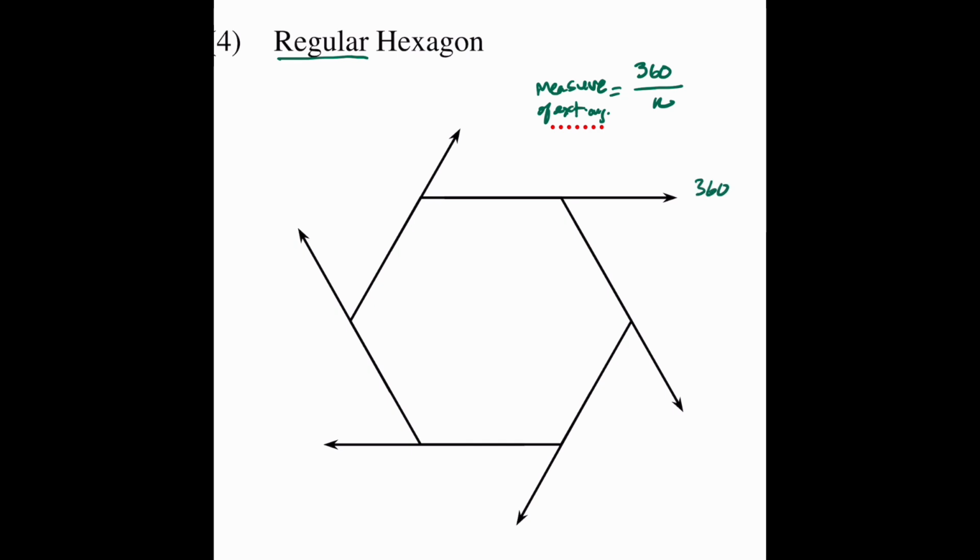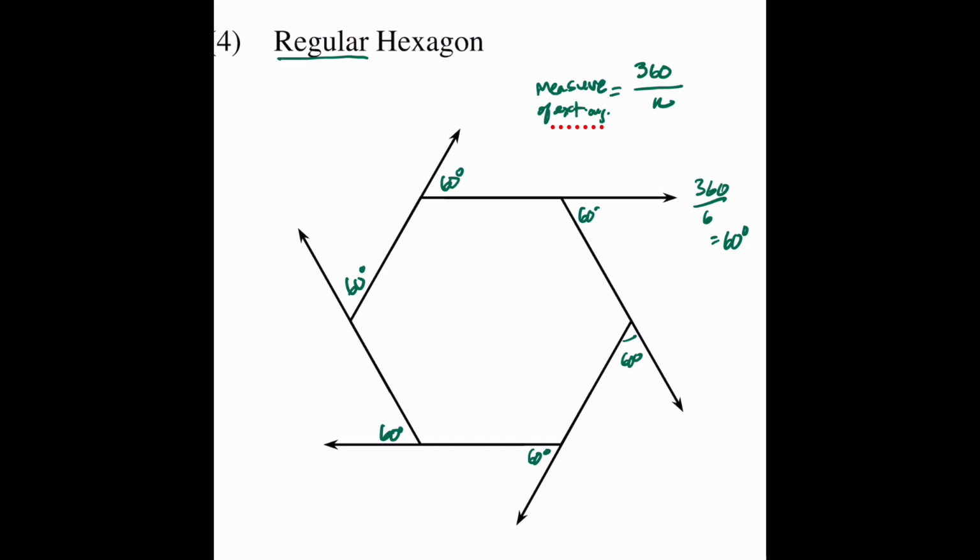So when I take 360 degrees, divide it by 6, I get a 60-degree angle on the outside. And because this is regular, all of these are 60 degrees. And that makes sense because 6 times 60 gives me that 360 degrees.